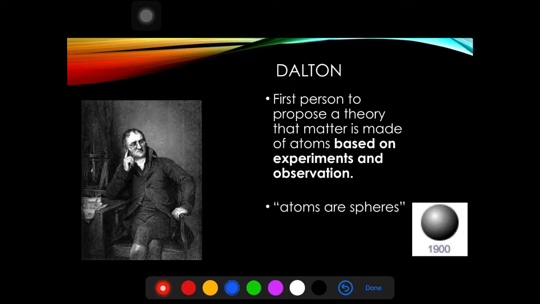And he said that these atoms are just little spheres because he didn't really know much else about them. This was the start of a period in time in which they were ready to do experiments on atoms. He experimented with gases, Dalton did. He discovered what's called the law of definite proportions, and that's how he discovered these atoms in spheres.